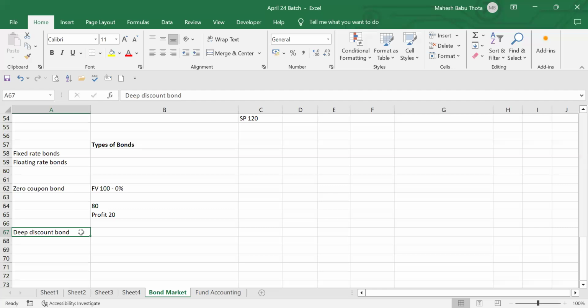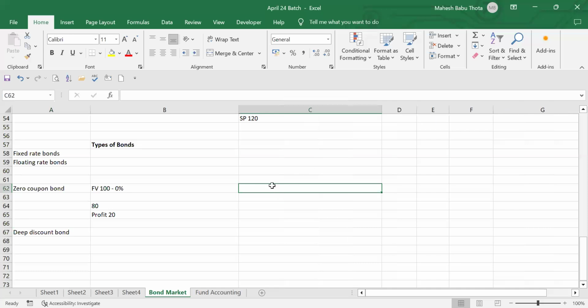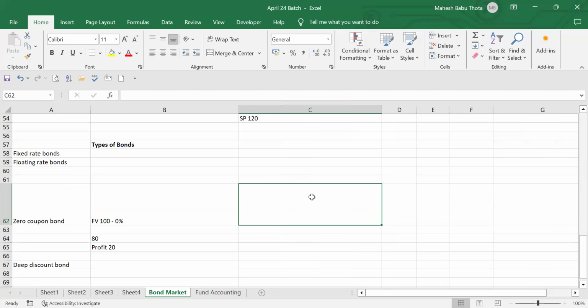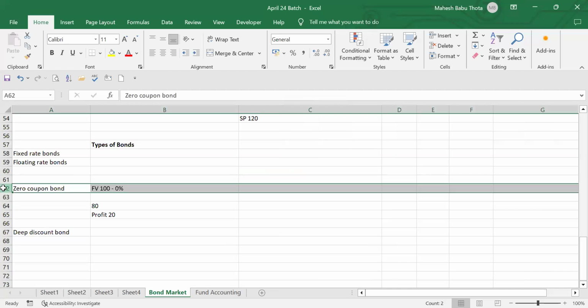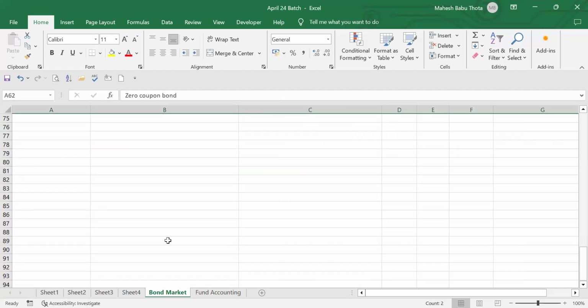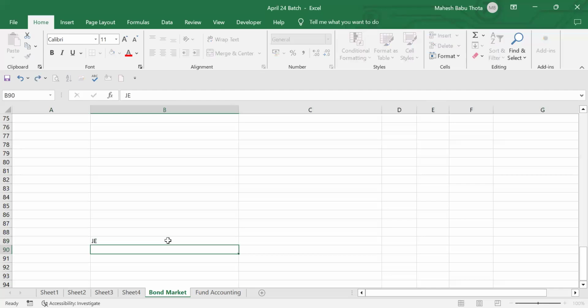Understood? Everyone getting the point? This is called deep discount bonds. Now let me explain one thing. Normally we may have some difficulty in writing the journal entries, especially for zero coupon bonds. Let me complete these types of bonds, and give me a reminder to write a journal entry for the zero coupon bond also.